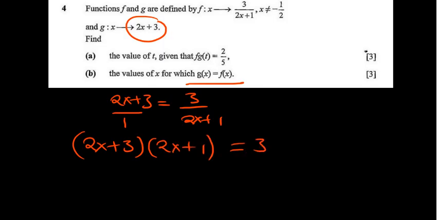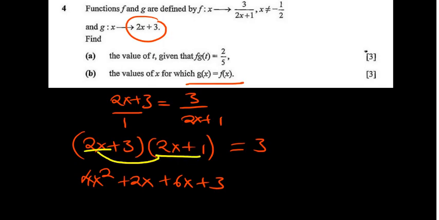So 2x times 2x is 4x squared, 2x times 1 is 2x, 3 times 2x is 6x plus 3. So first of all, get a 2x, multiply with that part, so I get 4x squared and 2x, and then move to 3, do the same, 2x and also 3. Okay, so at this point this is equal to 3.